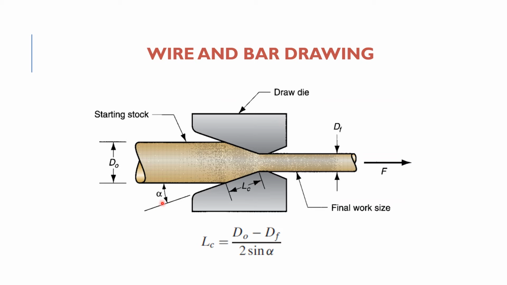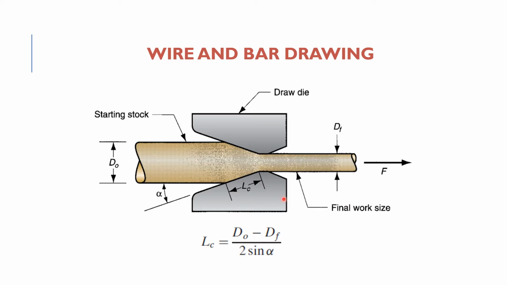This diagram shows the schematic of wire and bar drawing. Here you will see the draw die. This is the die opening, and this is the die angle, alpha. Then we have the diameter of the starting stock and the final diameter of the work.